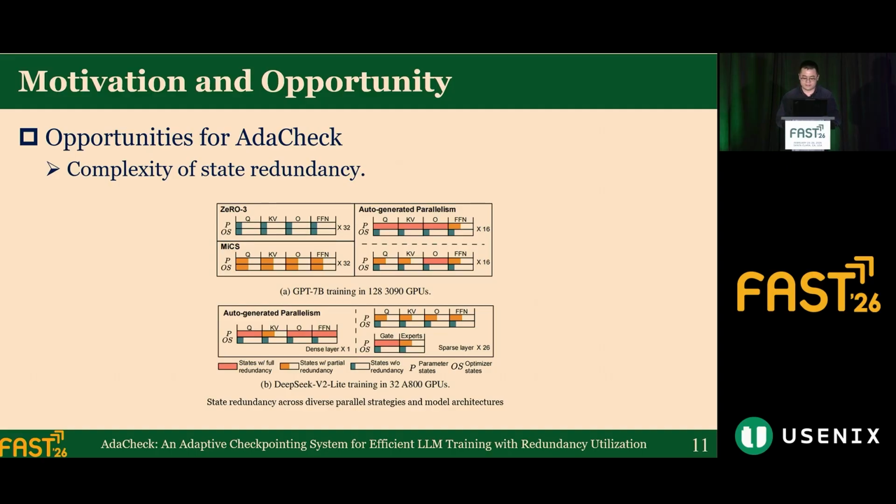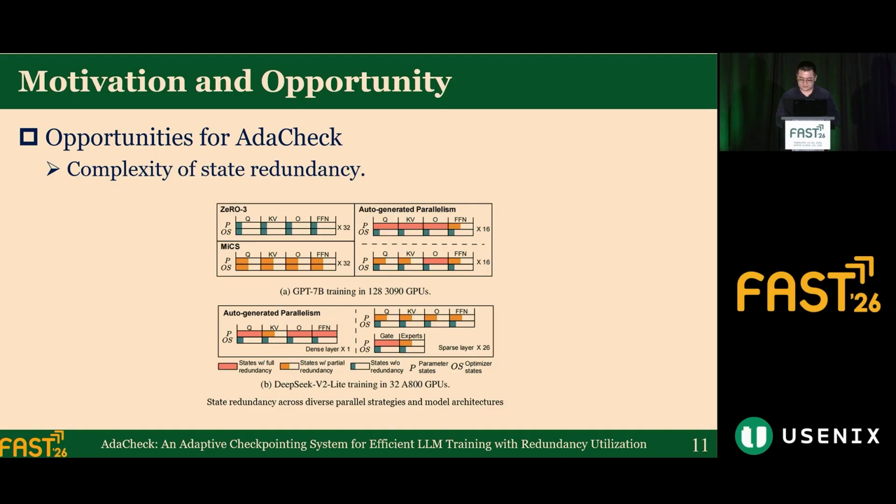During checkpointing, both must be saved to ensure recoverability. As shown in the figure, under the same parallelism, the state redundancy of a given model parameter and its optimizer state may be identical or differ under different parallelism. The state redundancy of a given model parameter and its optimizer state can vary significantly.